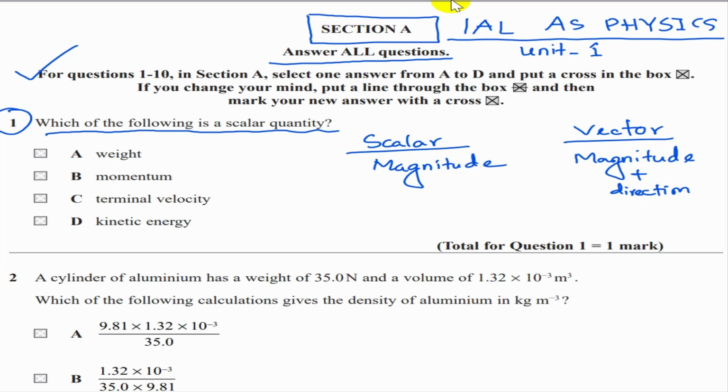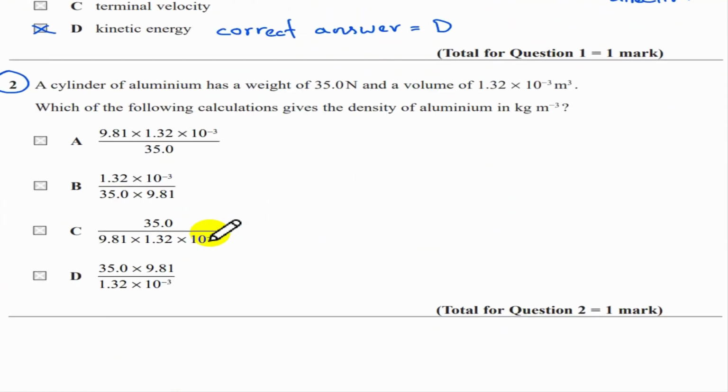So the correct answer is kinetic energy, because remember, all types of energy are scalar quantities. So correct answer equal to D. Total for question 1 equal to 1 mark.